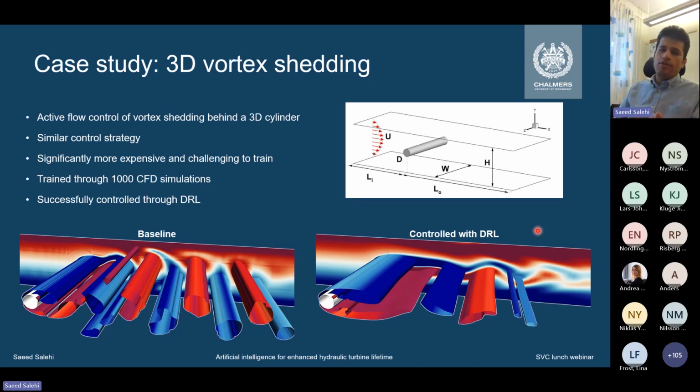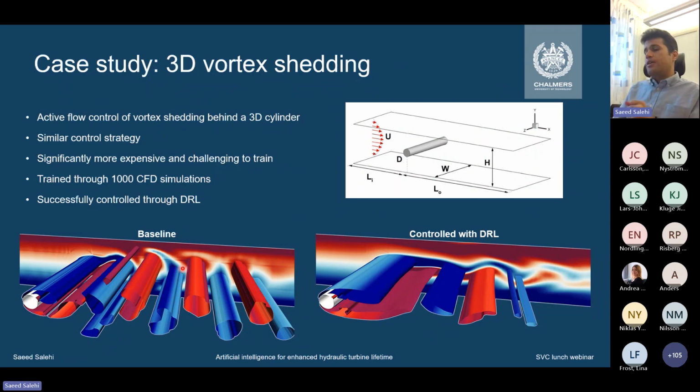It's like 400,000 cells. It's relatively coarse, but we need to run this case for hundreds, but in this case, thousands of CFD simulations. So it's a pretty expensive simulation. And here you can see, again, it was expensive to create animation here, so I'm just showing snapshots.